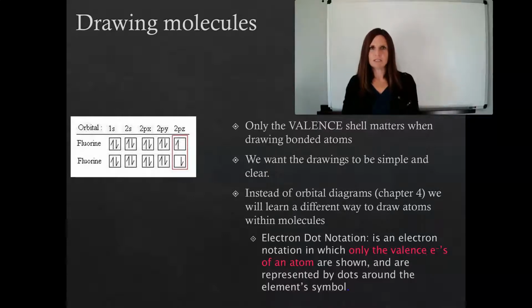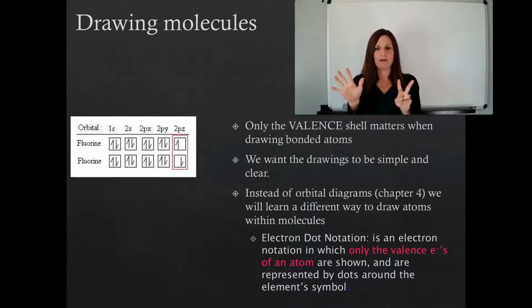One of the things that we talked about in chapter 4, but you may or may not remember, is that the valence shell is the highest numbered energy level. So when you look at this, you're going to see that there are 2 in the s, and then there are 5 in the p, and so all together we have 7 valence electrons in fluorine's valence shell. It wants 8, don't forget that, octet rule, but it has 7.